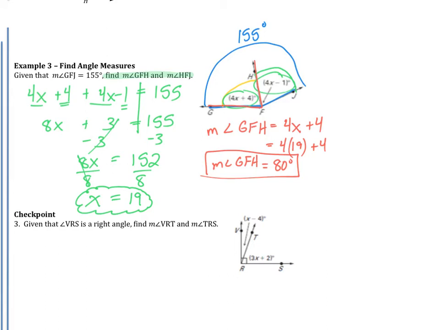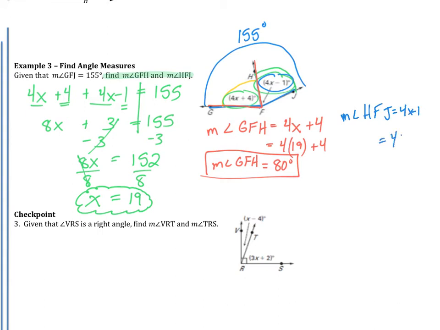All right, and if we want to find the measure of angle HFJ, HFJ is right here. So it's 4x minus 1. So we would plug in 19.